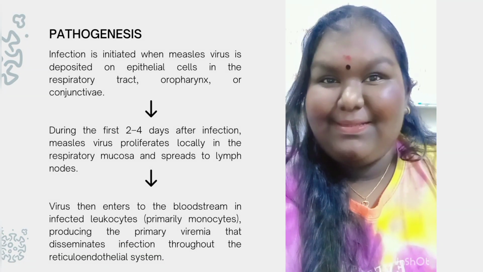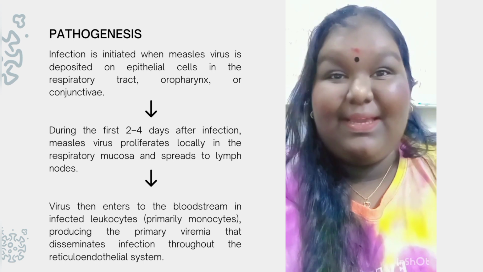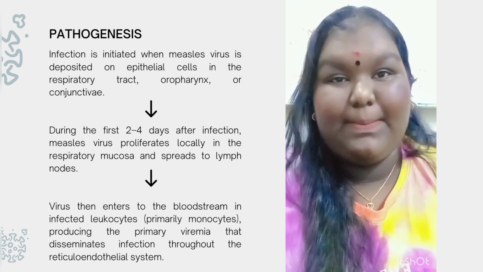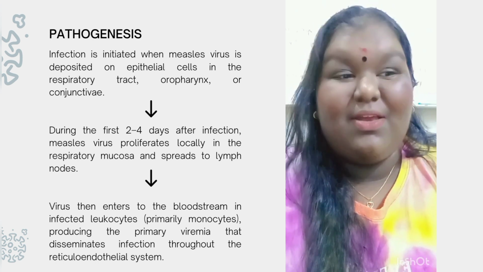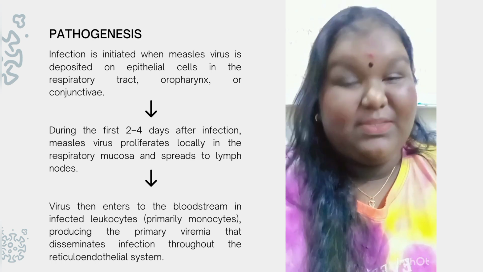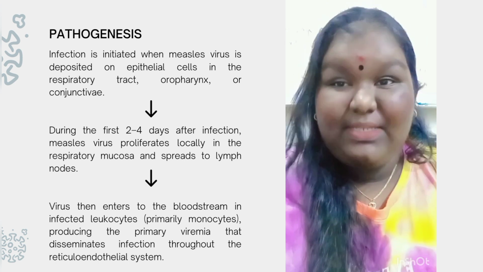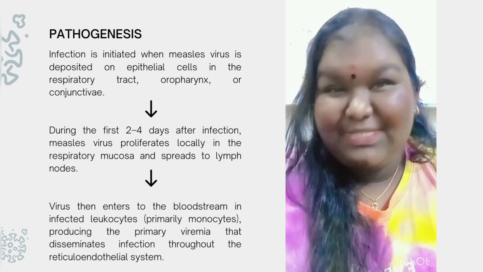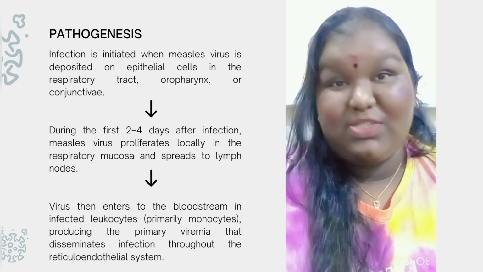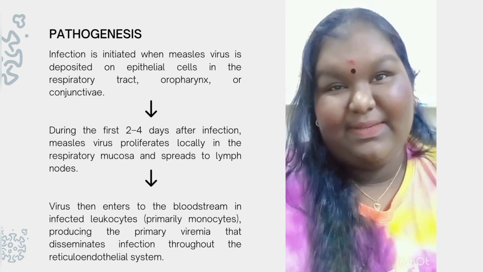So basically, as I told you earlier, it starts from transmission, where it is spread by droplets, which is cough or sneeze from others. After transmission, infection is initiated when the virus is deposited on epithelial cells in the respiratory tract, such as the oropharynx or conjunctiva.